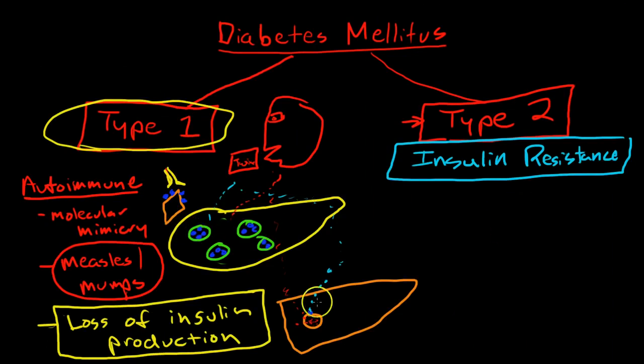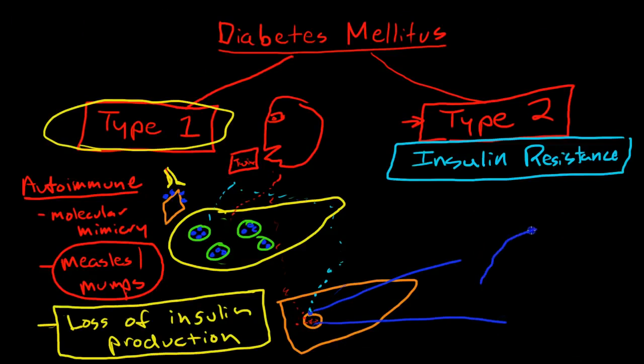The dysfunction here is actually in the cells that are receiving the message from the insulin. Now remember what happens here, inside the cell. Take us down to the cell here.